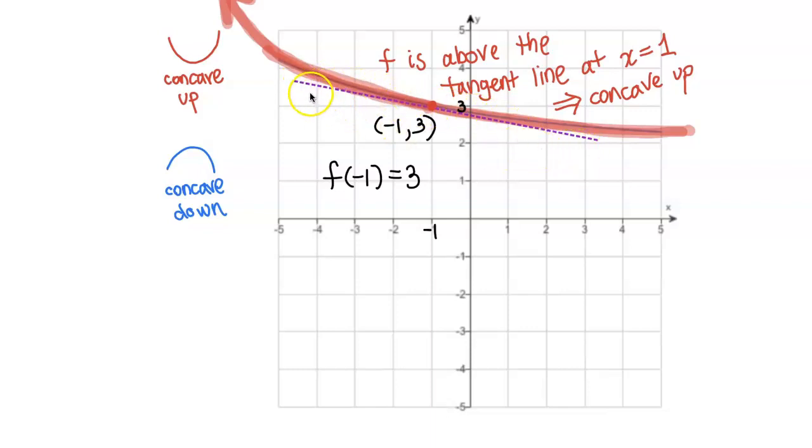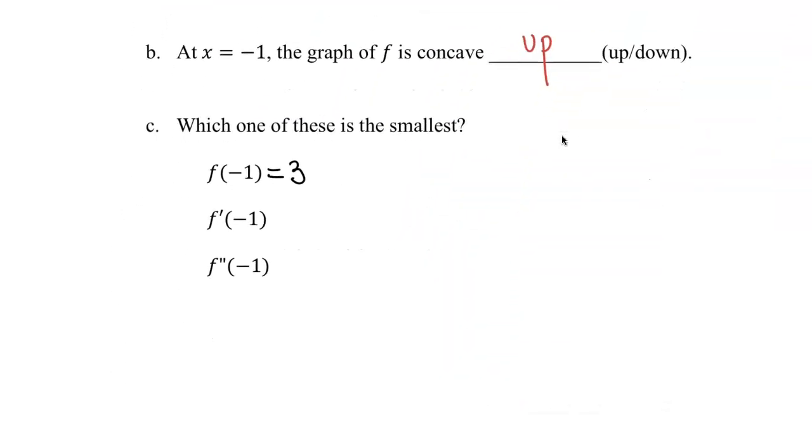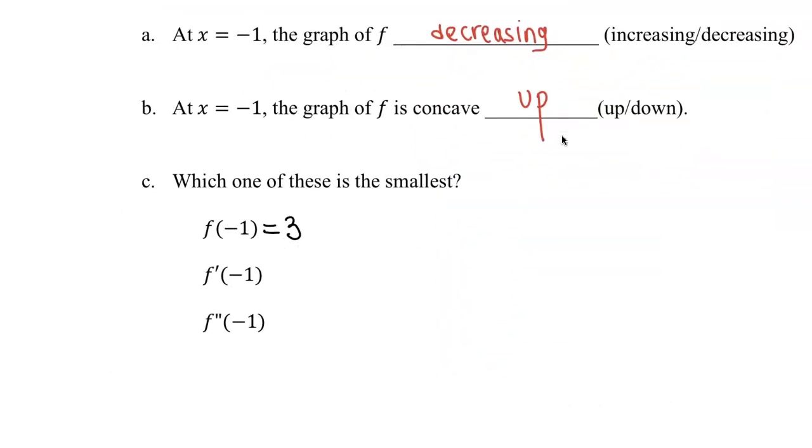So what will be the slope of a line that is going down from left to right? A negative number, right? So I don't think we have to find that exact value, but f prime of -1 is going to be a negative number.